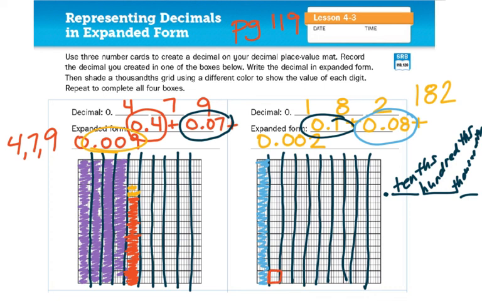This would represent 1 out of 100 boxes. So I'm going to do 1, 2, 3, 4, 5, 6, 7, 8, and lastly 2 thousandths. Remember those tiniest segments, there would be 1,000 of those tiny little sections in this whole box.